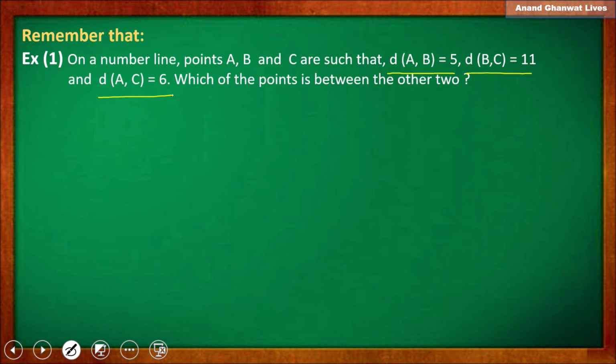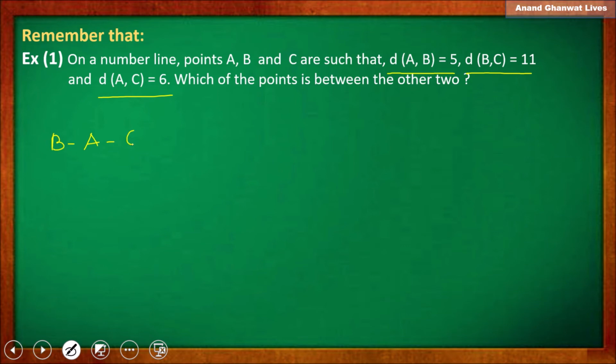For that, let us consider the given distances. Which is the greater distance? Yes, distance B comma C is the greater distance. So it may be possible that B and C are extreme points and A lies between them.